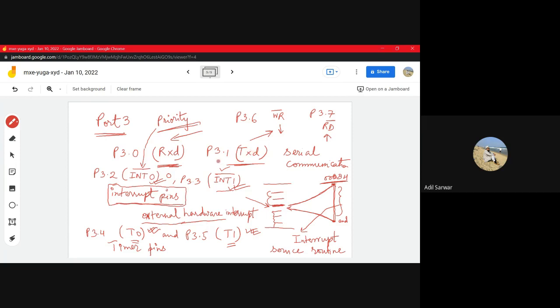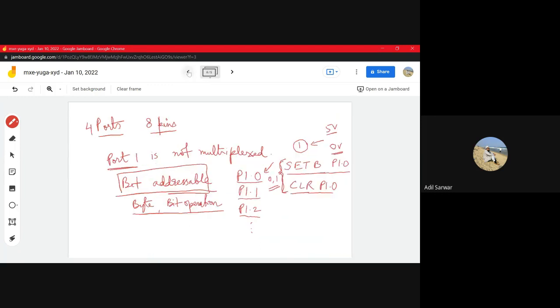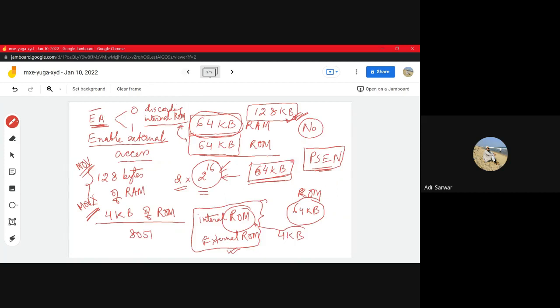So these are some of the pins that are used in the 8051. I was also talking about one pin which I said I would talk about at the last, which is PSEN, Program Store Enable.